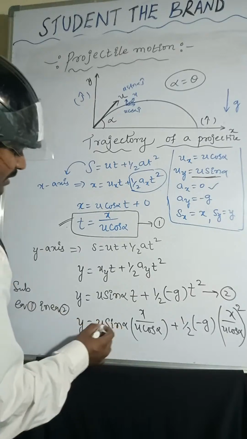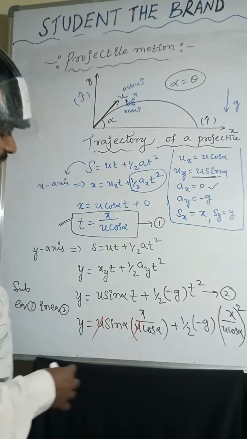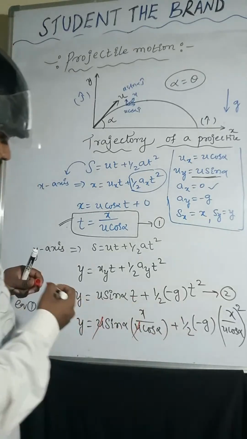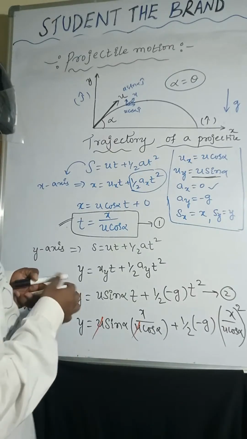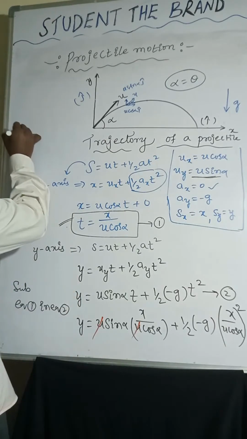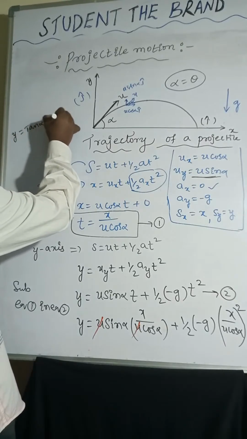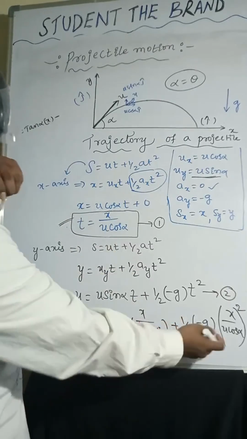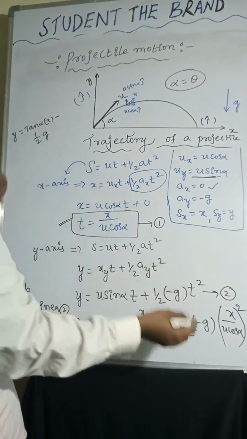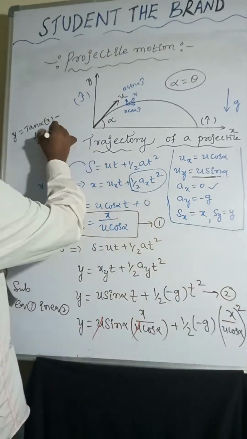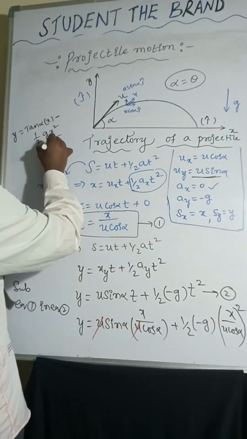Here we can cancel it: u gets cancelled. Sin alpha by cos alpha equal to tan alpha. So y equal to tan alpha into x minus g x square by u square cos square alpha.